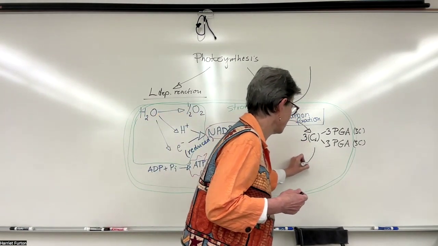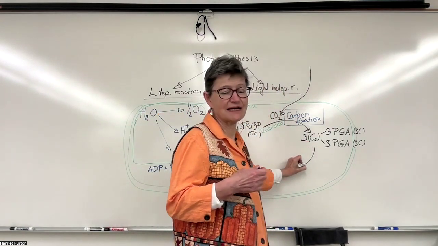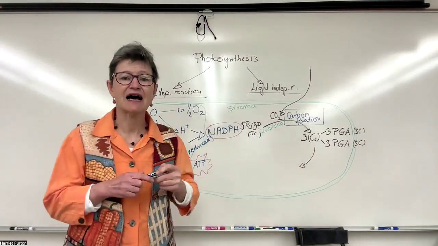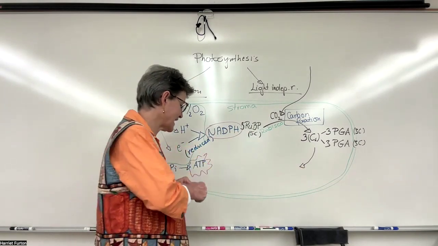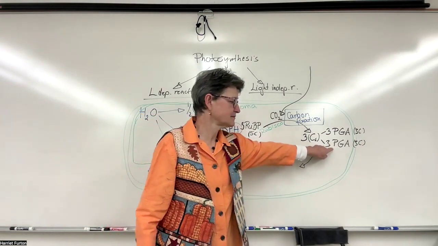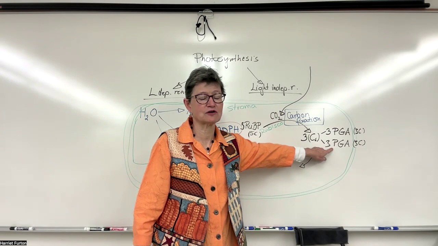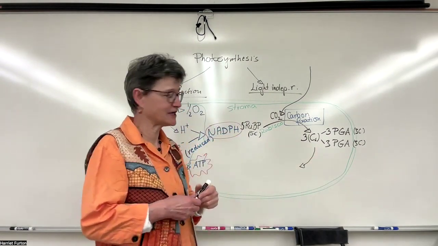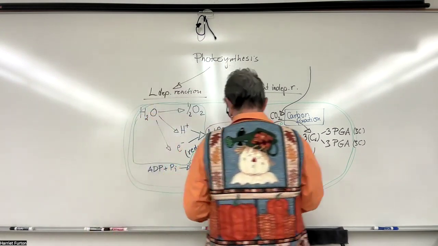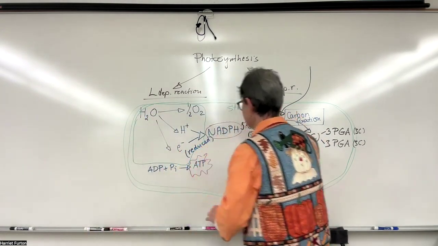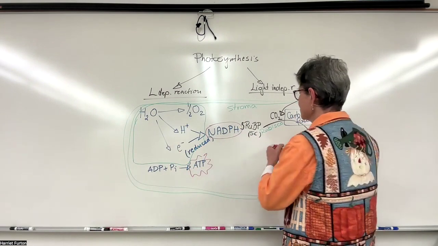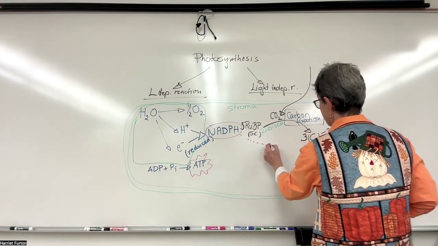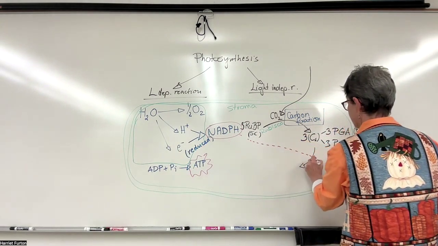This phosphoglyceric acid is going to get the high energy electrons at that time. So these molecules are going to get reduced. Where does the high energy electron come from? Well, we have the NADPH, and this is coming around here.